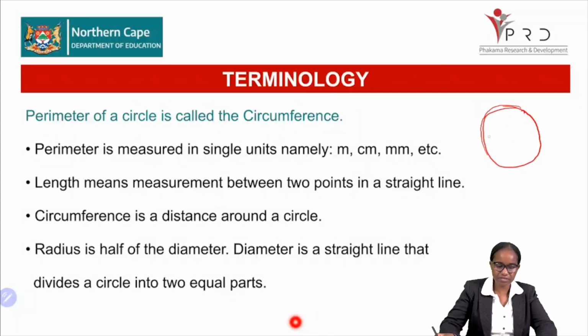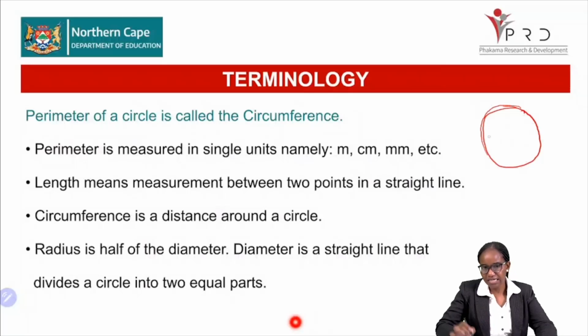Its circumference. Perimeter is measured in single units, namely your meters, your centimeters, your millimeters, etc. Those are single units. Length means measurement between 2 points on a straight line.